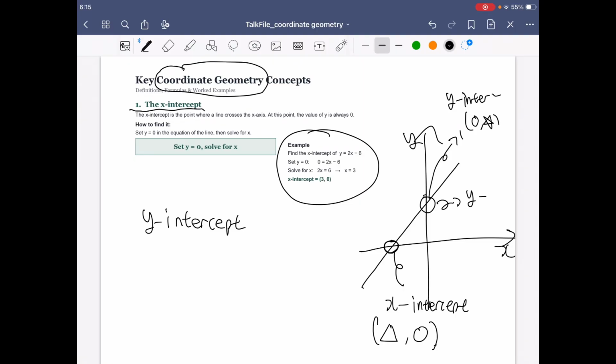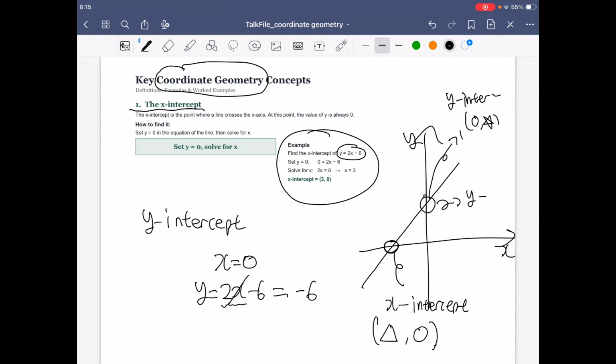So let's have a look at this specific example, y equals 2x minus 6. Again, let's find the y-intercept first because we've done that before. Put 0 into x, then y equals 2x minus 6 is equal to, this will be cancelled, and so negative 6.